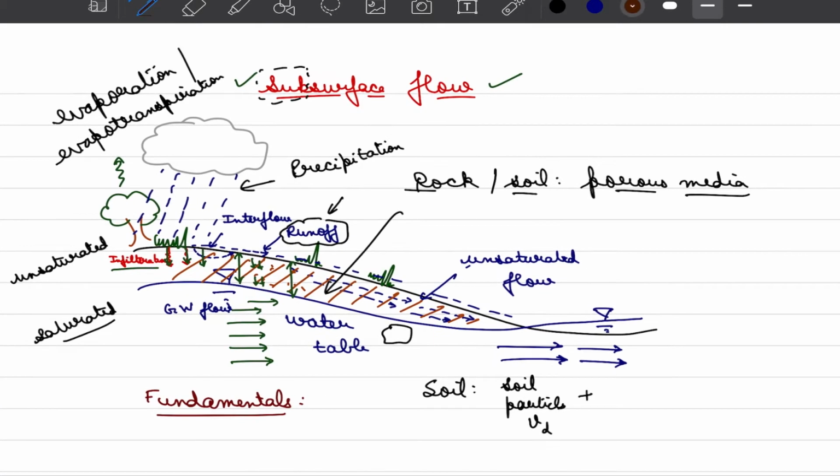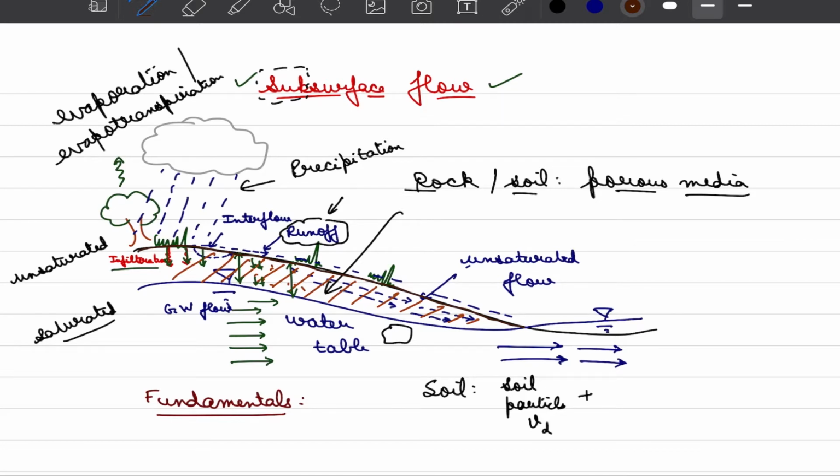So if I draw this land surface as the demarcation, and this would be a line, and whenever water molecules are falling in the form of precipitation, some water would be absorbed by these plants, which will be lost in the form of evaporation or evapotranspiration. Part of it would infiltrate within the ground, and it will flow through this unsaturated layer of soil.